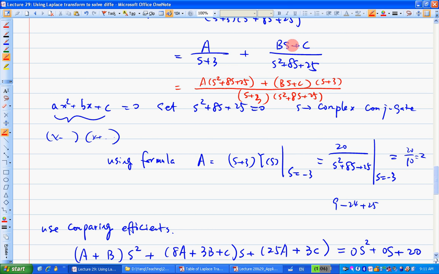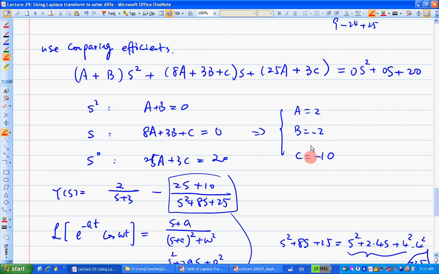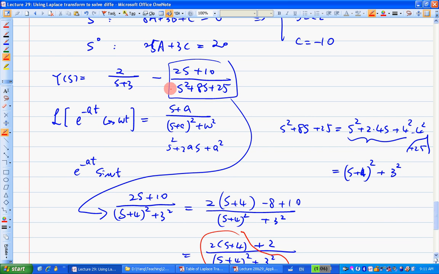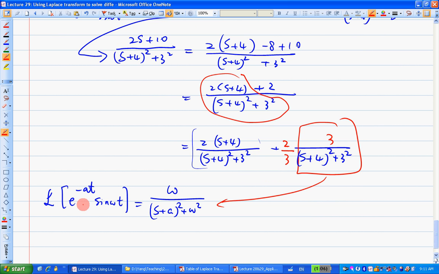Then you use comparing coefficient to find A, B, C values. Now the next trick is to manipulate this term in here to match what's given in the Laplace transform table. And what we're trying to match is the inverse Laplace of this format and this one here.